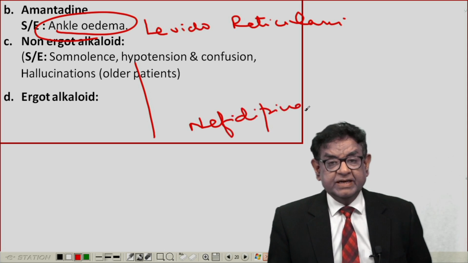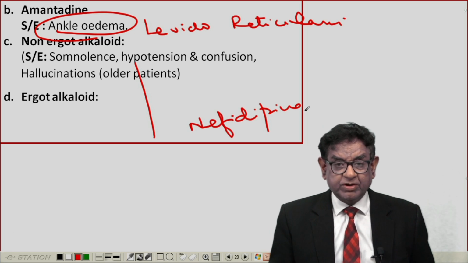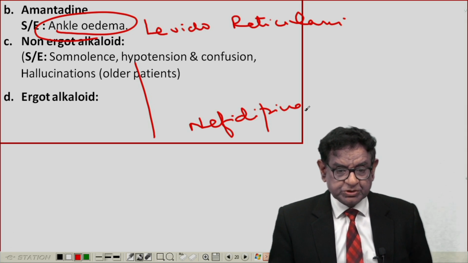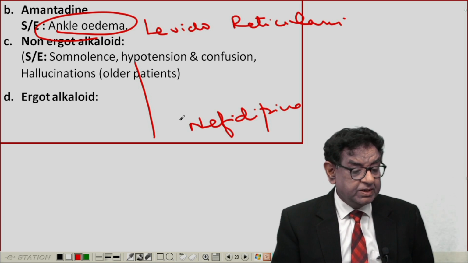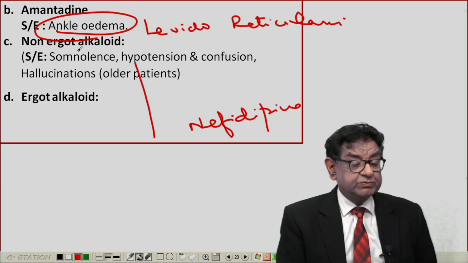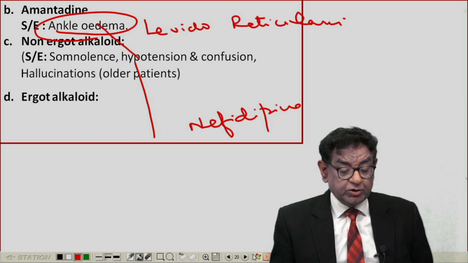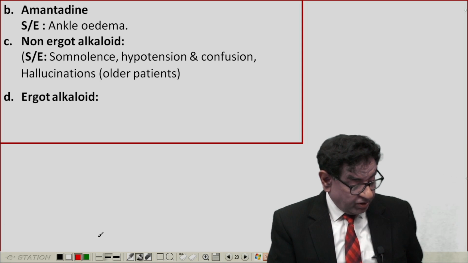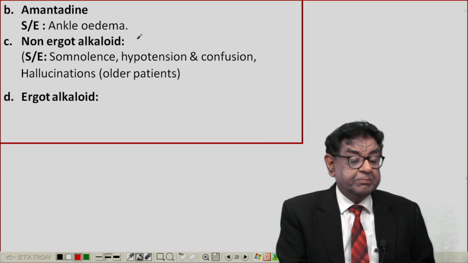Or you can say it, a calcium channel blocker, which I use as an anti-hypertensive drug, but nifedipine is the one which is notorious for causing this problem. Well, this was regarding ankle edema. Then we talk about non-ergot alkaloids. And what are the examples of this?